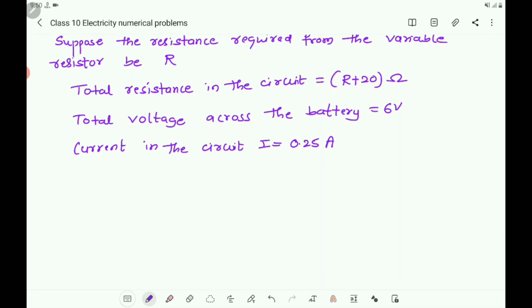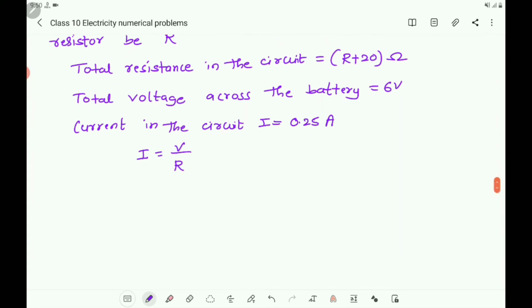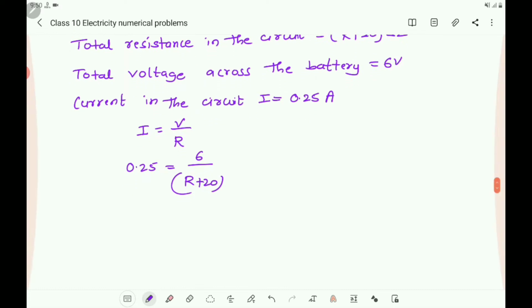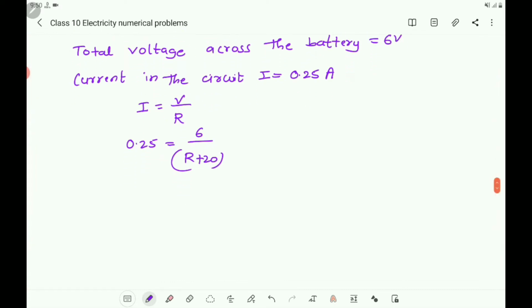Then you know the relation among I, V and R, that is, I equals V by R. So 0.25 equals volt is 6, R is R plus 20. So you do the cross multiplication, that becomes R plus 20 equals 6 by 0.25.